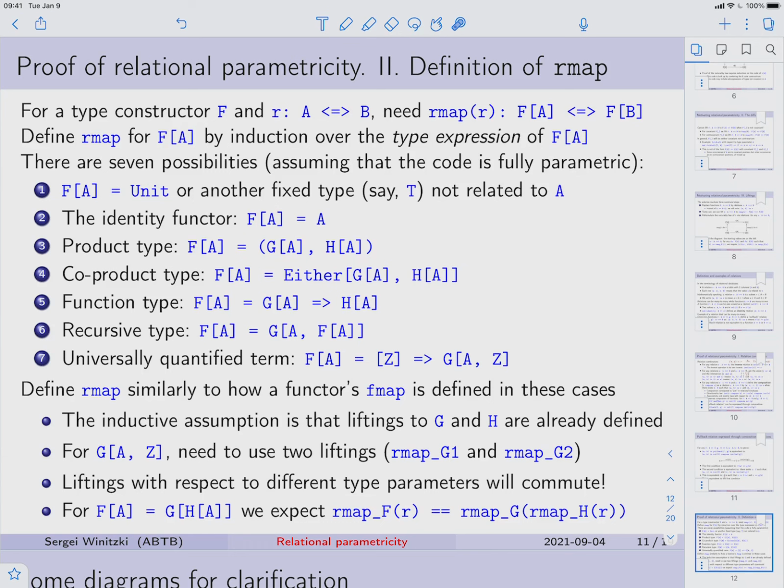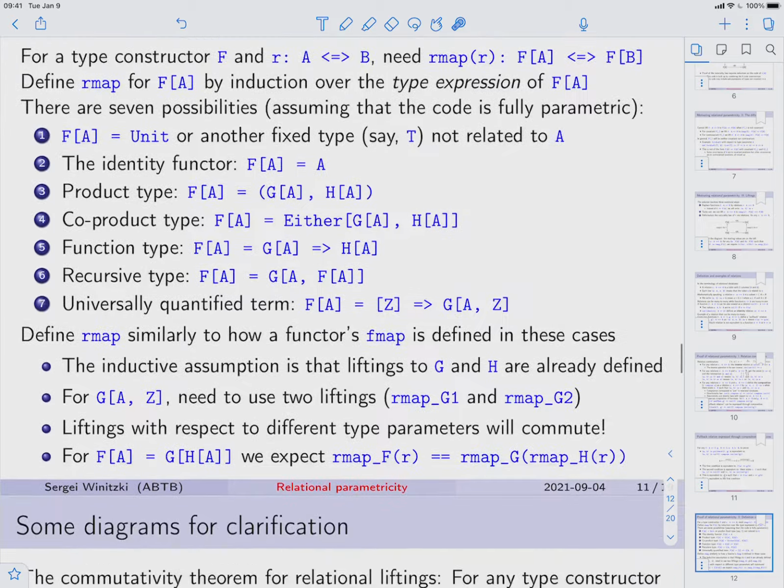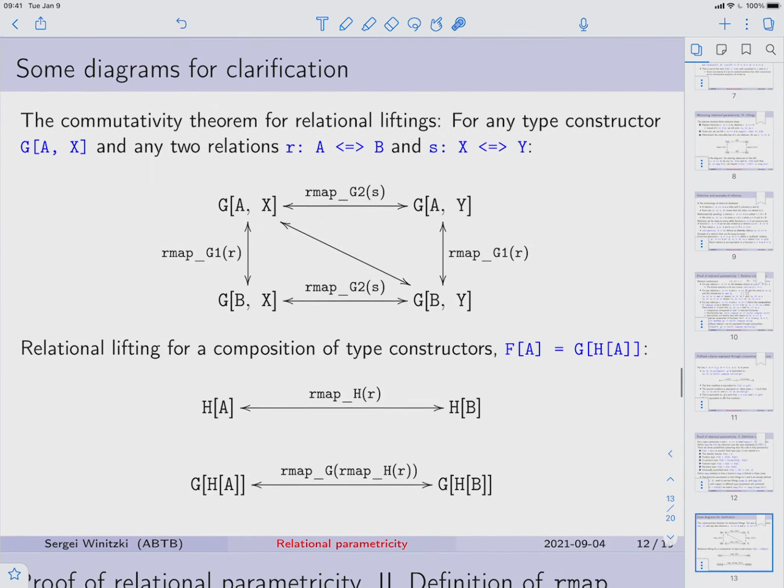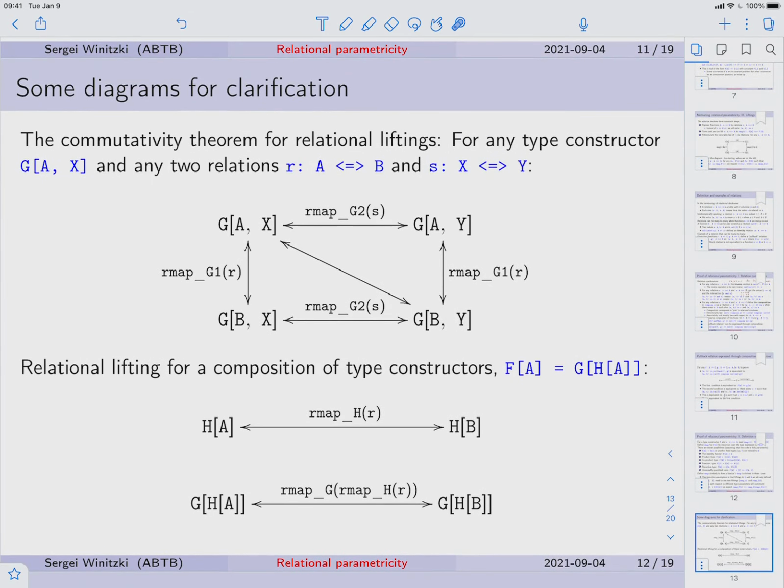And also, if you have a composition of functors, then you expect a composition of liftings, just like fmap. So you first lift a relation between A and B to a relation between H of A and H of B, and then you lift with G. So here are some diagrams to clarify.